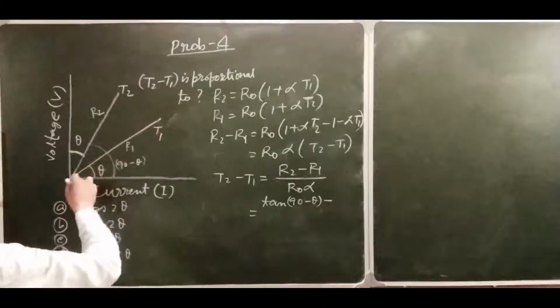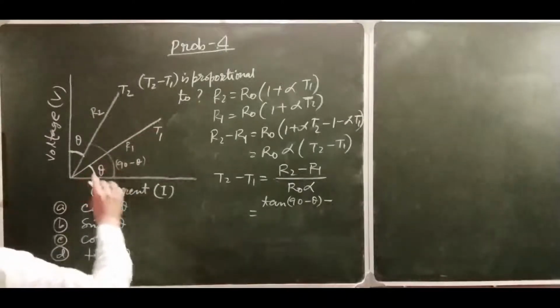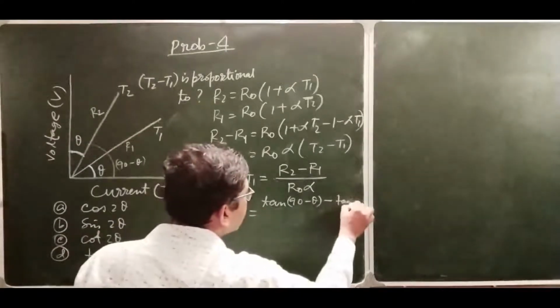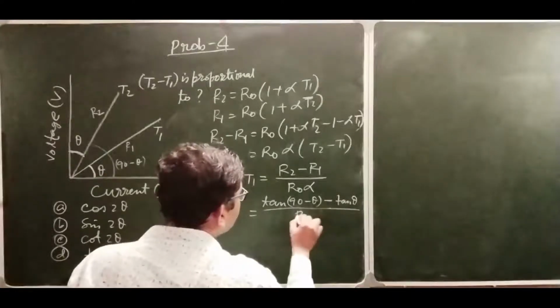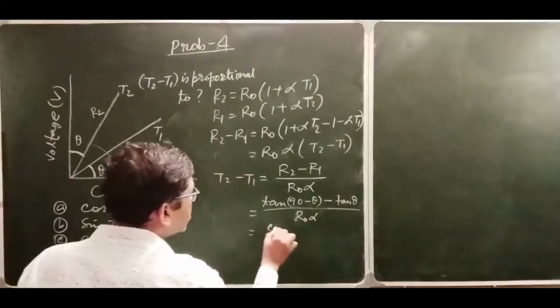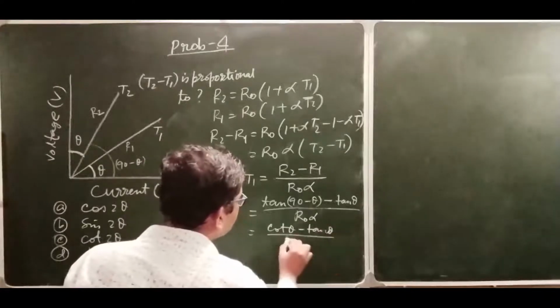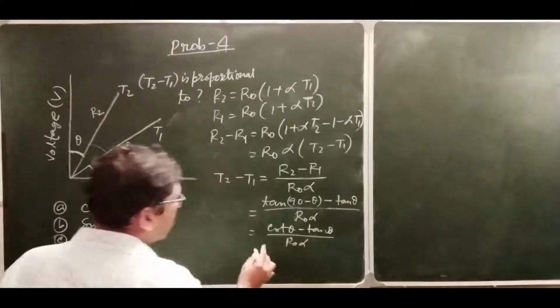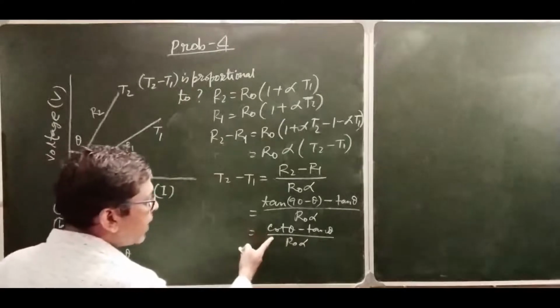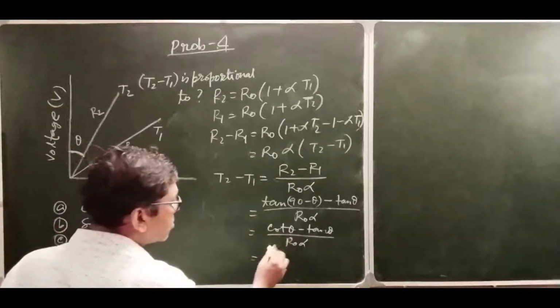That means the slope of this straight line is tan theta, and this is cot. Now this is cos by sine and this is sine by cos.